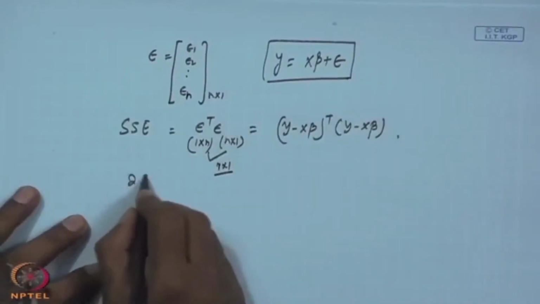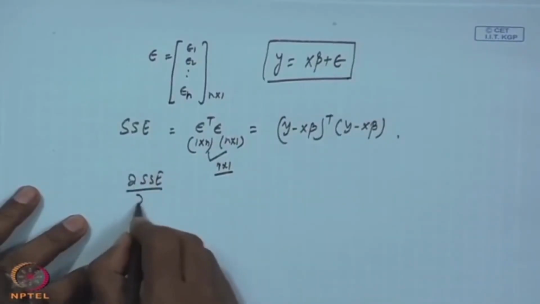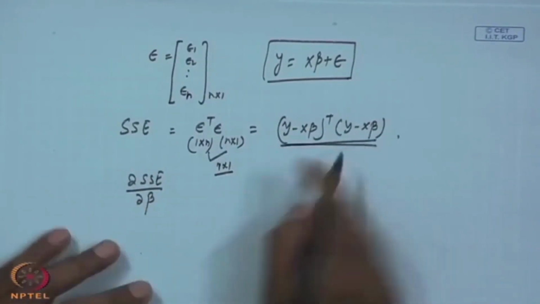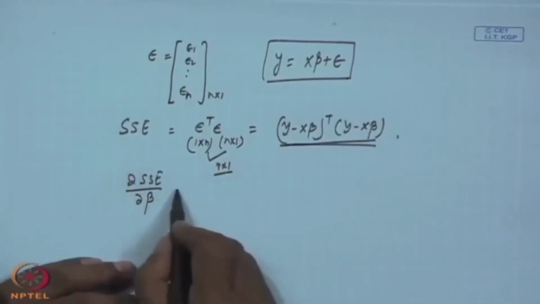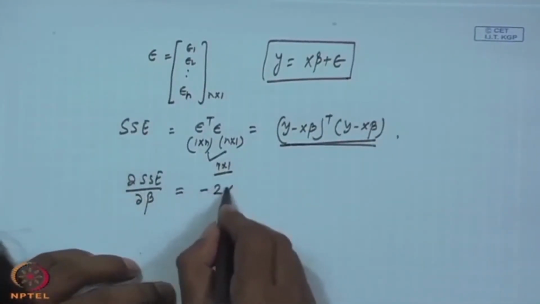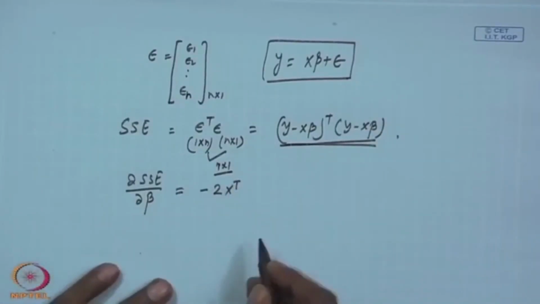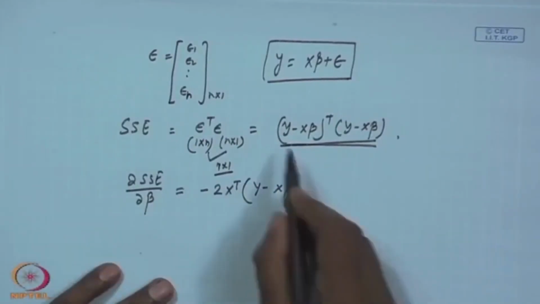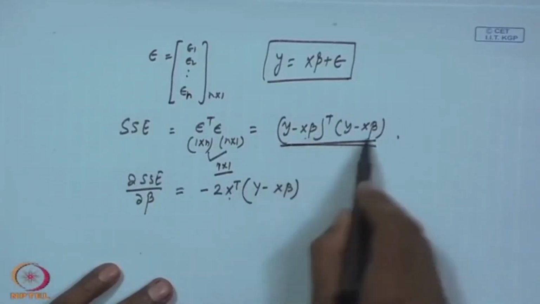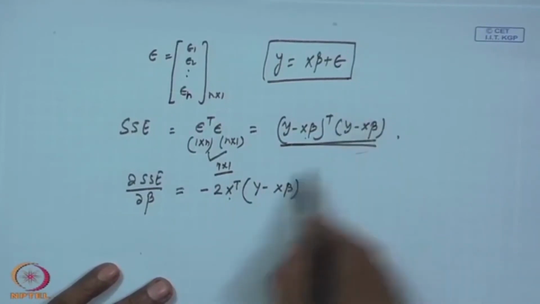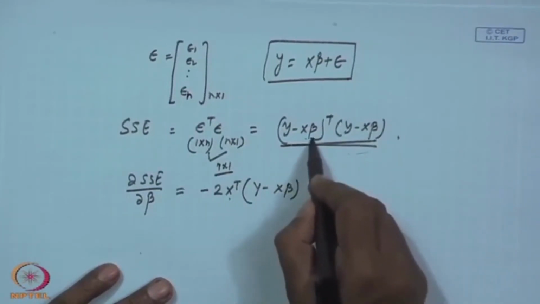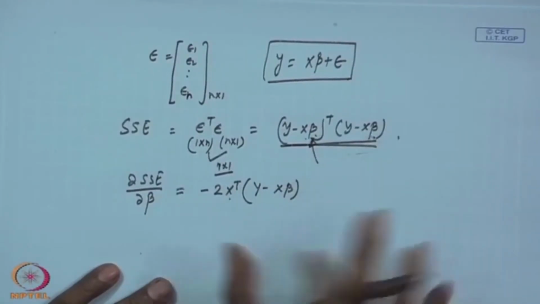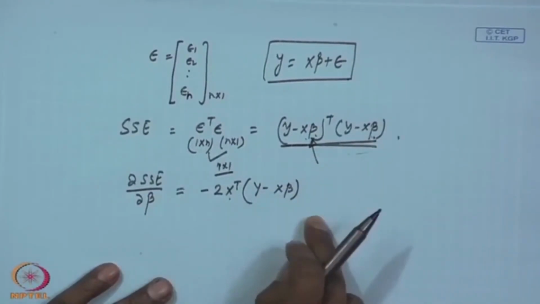Now if I take derivatives with respect to beta, you will be deriving this one. It is nothing but the square term. So ultimately what will happen? It will come like this, 2 x transpose y minus x beta. One x transpose will come from here, then the derivative, this will remain this, because we are taking the derivative with respect to beta, and one will come from here, and with matrix compatibility you will get this equation.